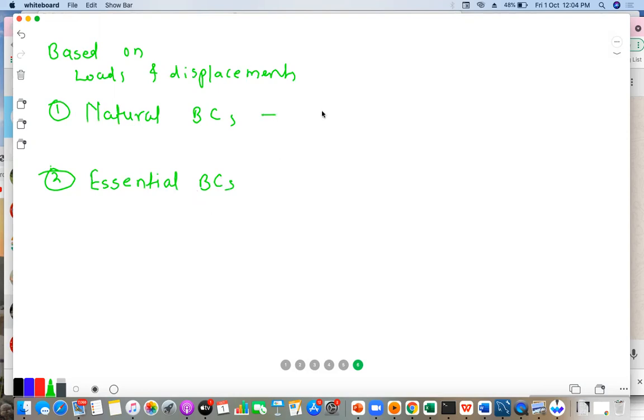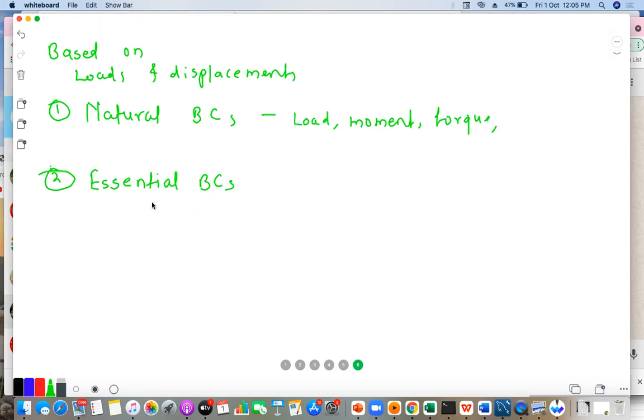Whenever I have boundary conditions with respect to load or some moment, some torque, these are called natural boundary conditions.